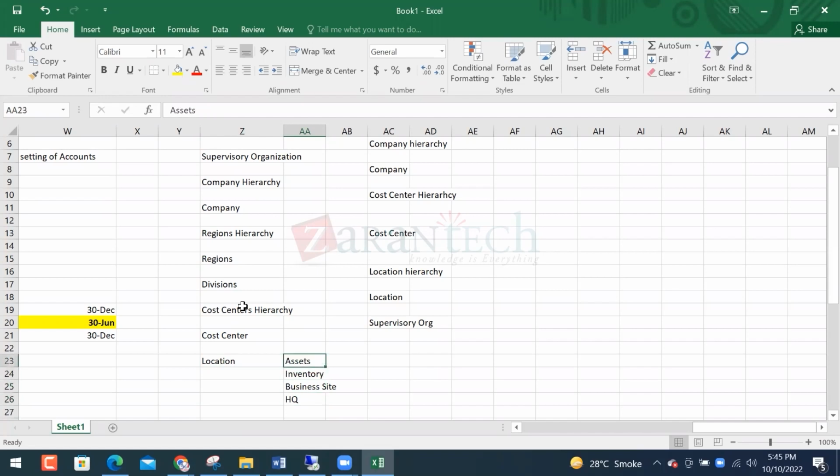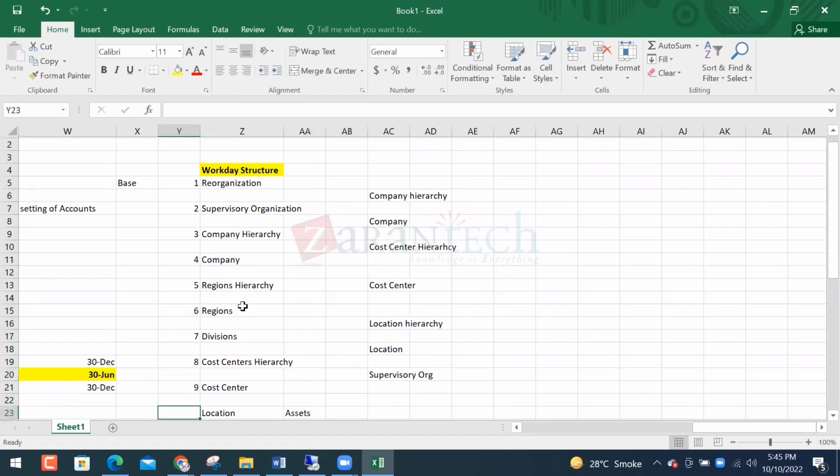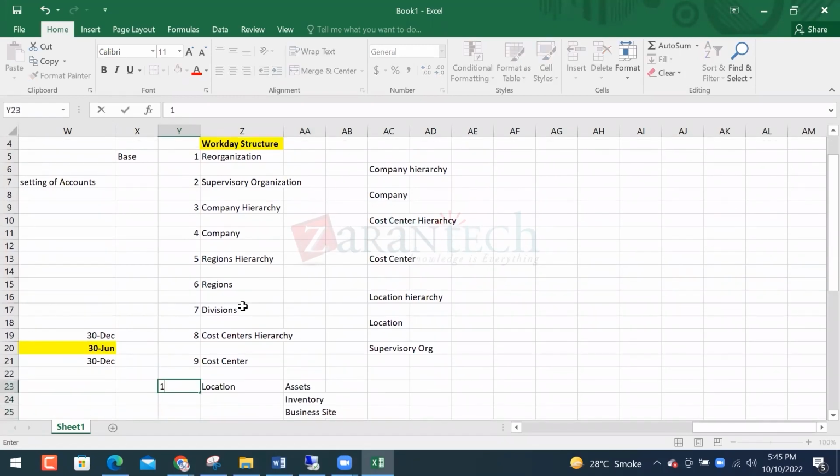So these are the levels and the structure we have: 2, 3, 4, 5, 6, 7, 8, 9, and 10. And in between, we have optional structure as well, optional organization, or you can say optional point, that can be defined on a need basis.